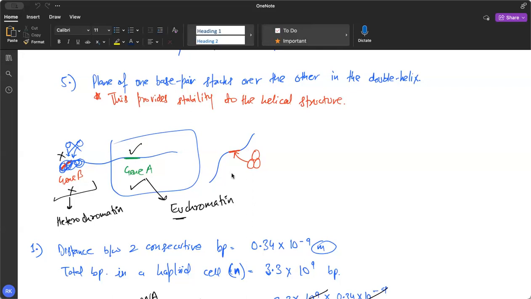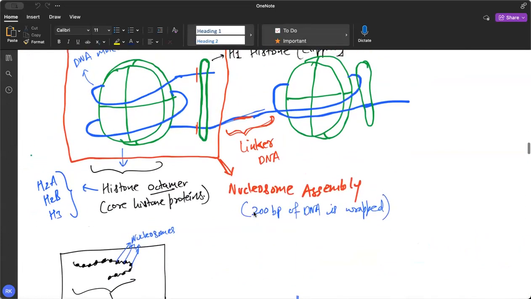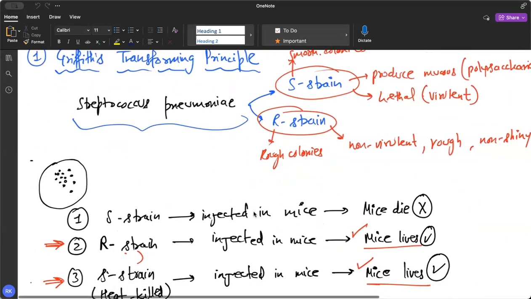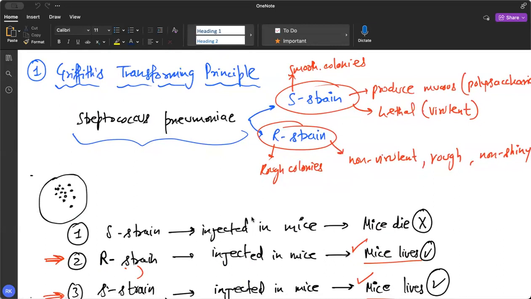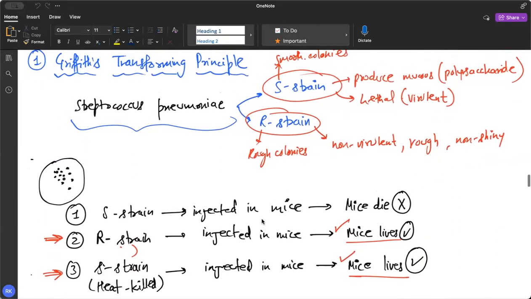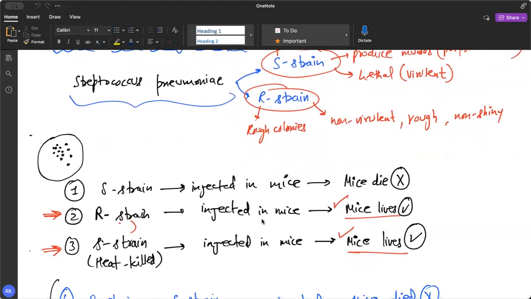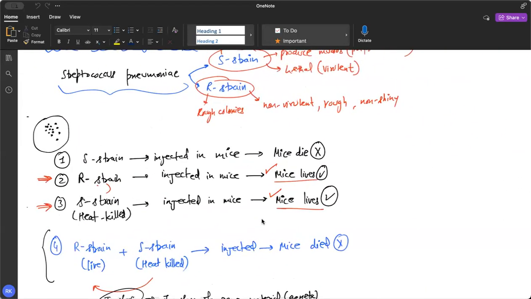No worries. Okay. So let's quickly start with some important things, if you remember. In this chapter, we studied both facts and concepts. Some experiments were an important part of this chapter, like Griffith's transforming principle.